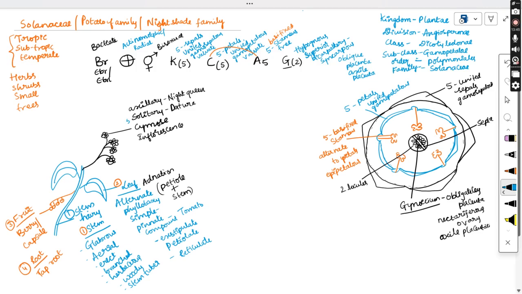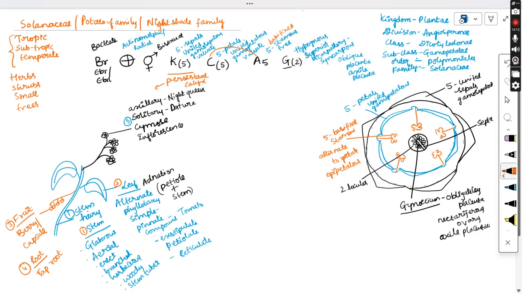Next category. The floral characters we already discussed, and the special feature is that the calyx is persistent. You can find the persistent calyx in the Solanaceae family. So what is persistent? Lifelong. The calyx is of five united sepals with valvate aestivation.